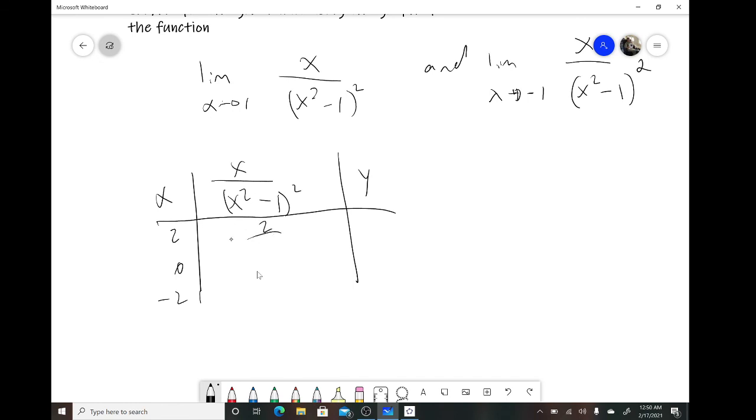So let's see, 2, it's still on the top. So 2 squared is 4, minus 1 squared. So that's going to be equal to 2 over 4 minus 1 is 3, squared is 9, so 2 over 9. When you have a 0 in the numerator and the denominator is not 0, then this whole thing is going to be actually 0.